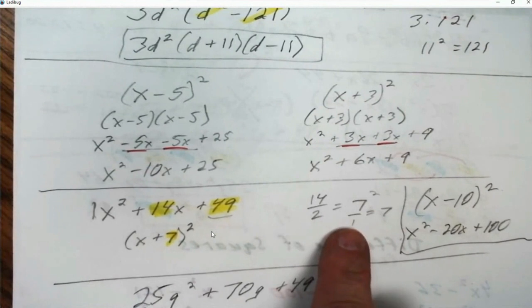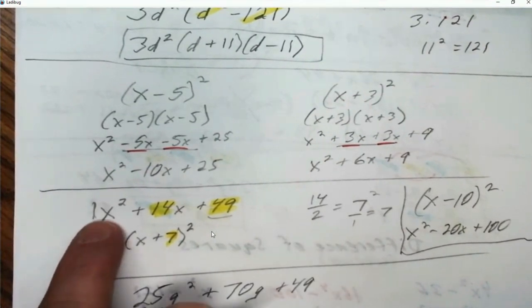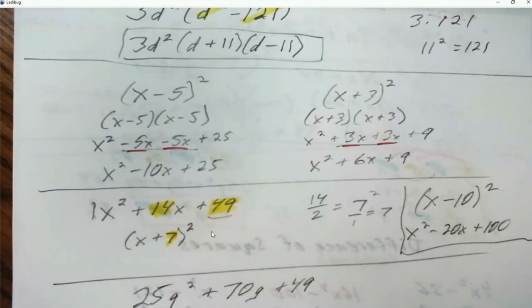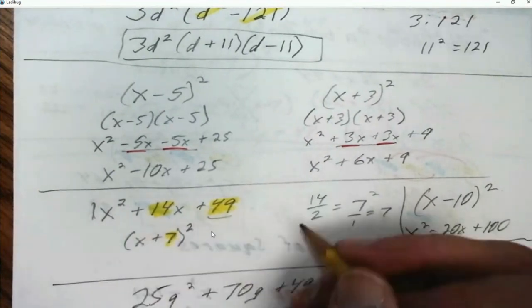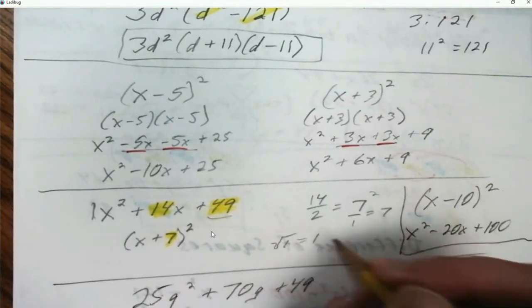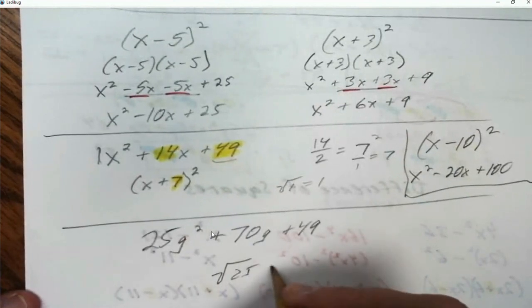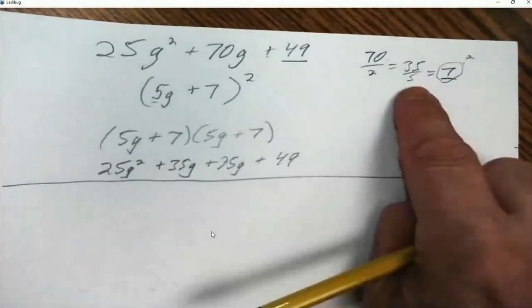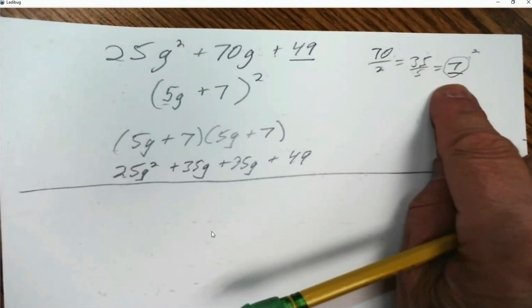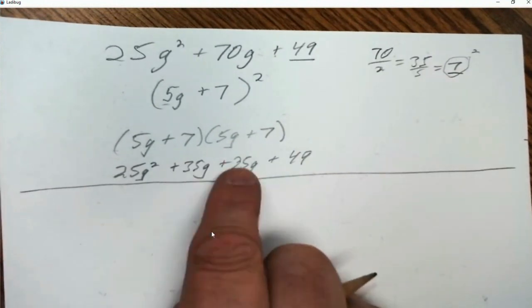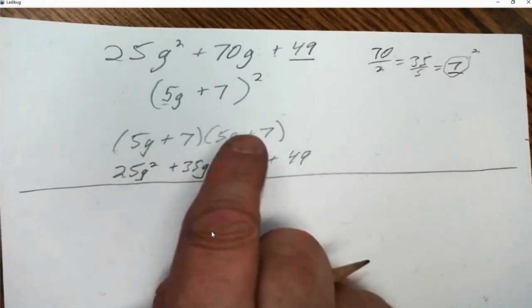We didn't divide it by the square root of the first term, the square root of 1. But here we had to take the square root of 25 and divide it by that 5 to figure out what the last term would be. Because remember, that middle term is made by multiplying those together.